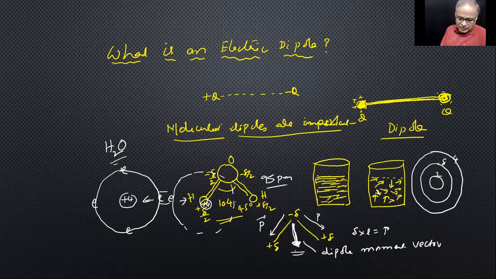But remember, the direction of dipole moment is from minus to plus. I'll be showing it more mathematically soon. And remember, all this is important for me in physics to explain to you later the effect of a dielectric when you place it in the space between the 2 plates of a parallel plate capacitor.